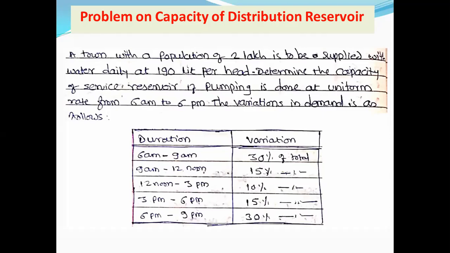Determine the capacity of service reservoir. Now here service reservoir means distribution reservoir.